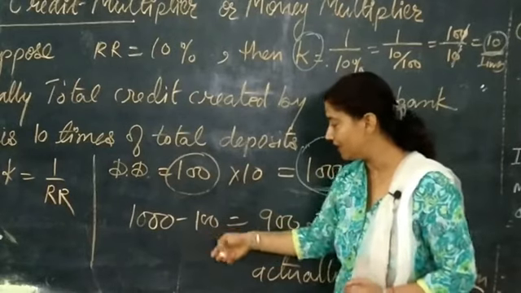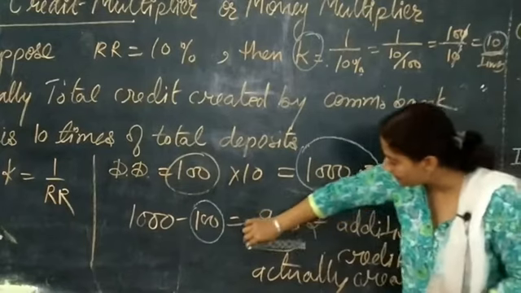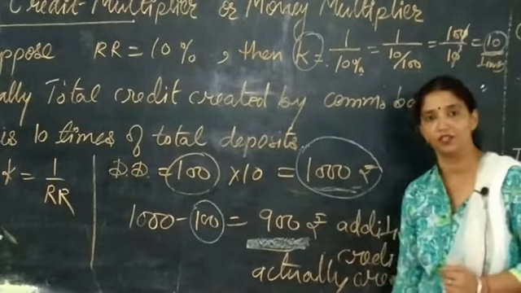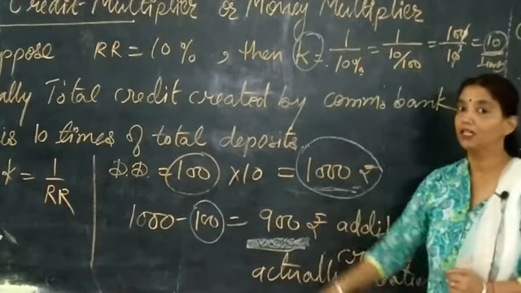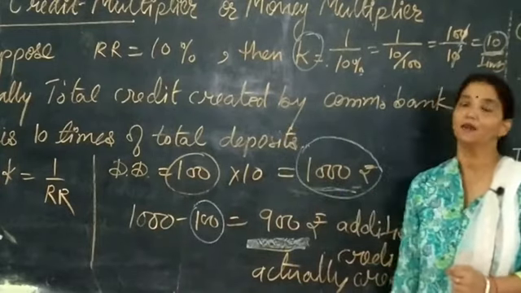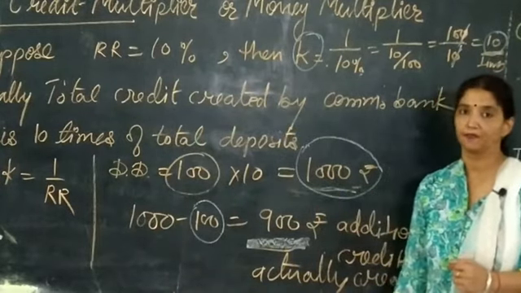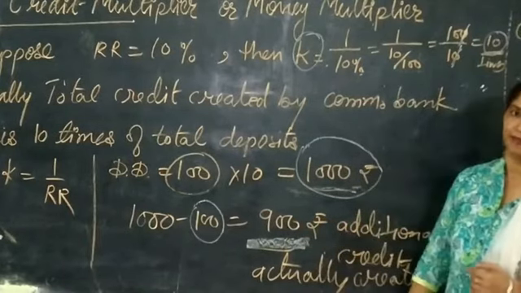So we have to deduct that 100 rupees, and then the remaining 900 rupees is the additional credit created by the commercial bank. But the total credit is 1000, including the initial primary deposits. So this is the working of the credit multiplier.